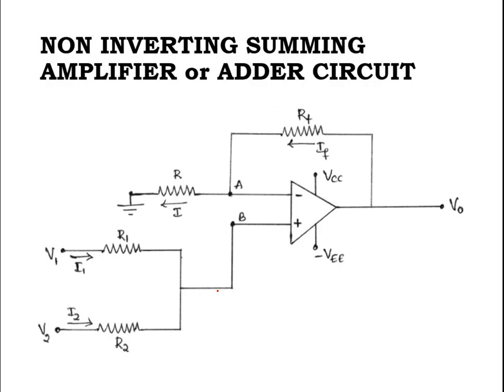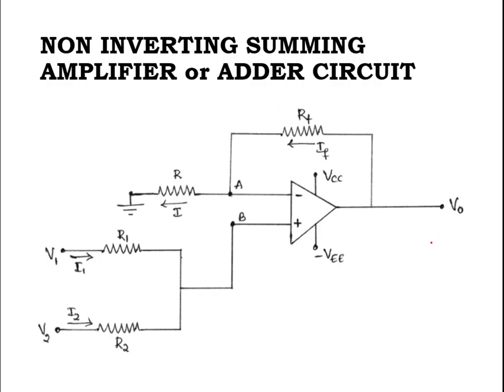Similarly, whether it is an inverting summing amplifier or a non-inverting summing amplifier, any number of input voltages that need to be added can be applied to the respective terminals of the op-amp. Not only V1 and V2, as many input voltages as required can be added. At the output we get the sum of all the applied input voltages.